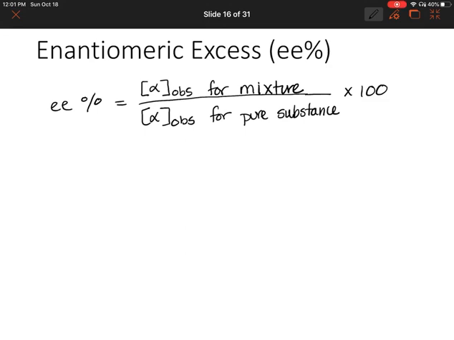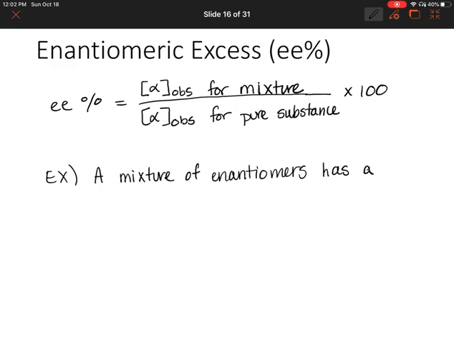So let's do a practice problem for this type of calculation. Let's say a mixture of enantiomers, so mirror images, has an observed specific rotation equal to positive 5 degrees. So it's dextrorotatory.